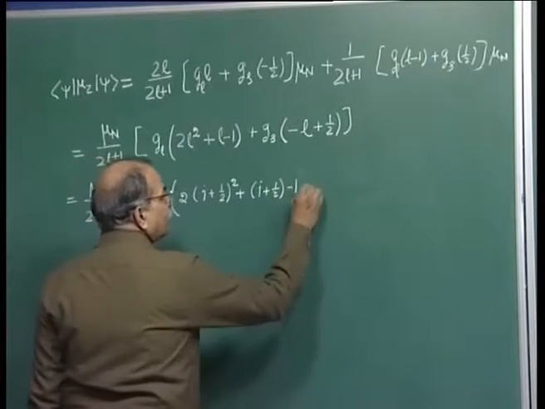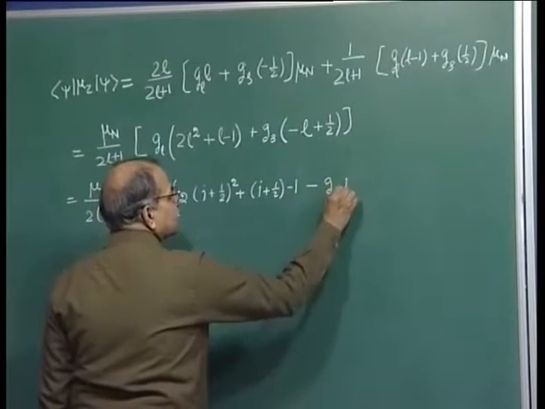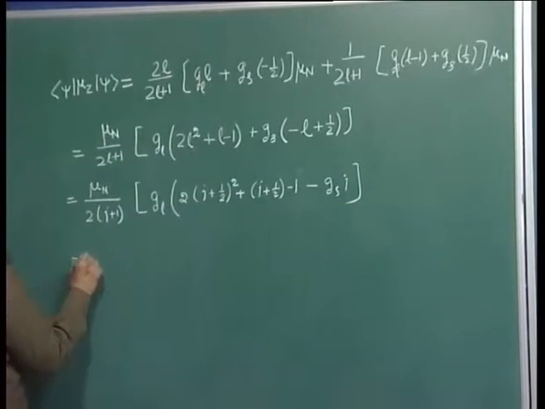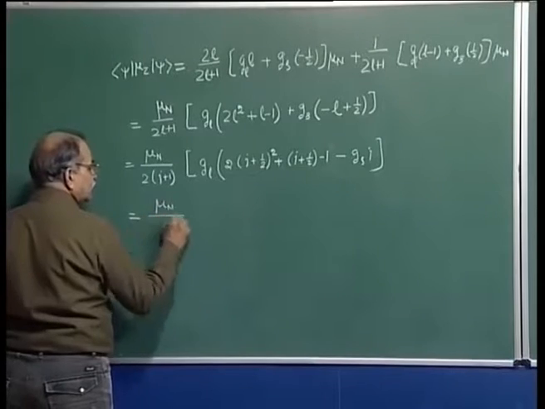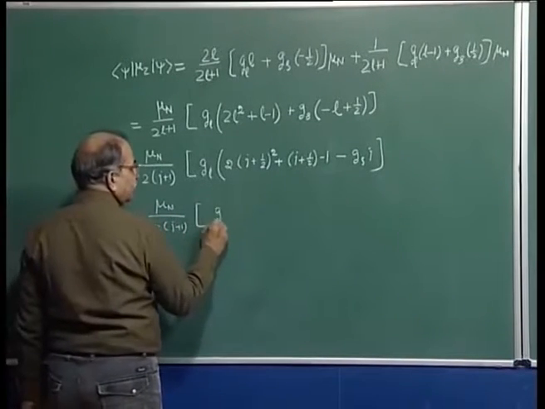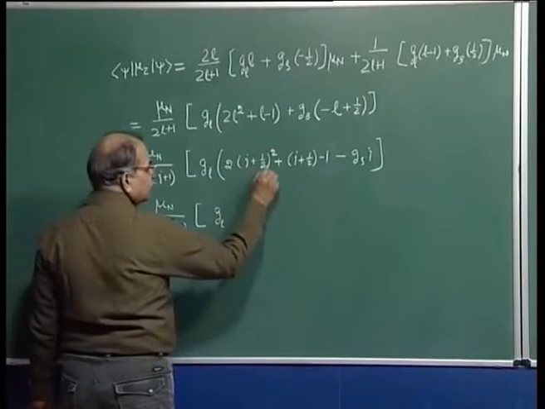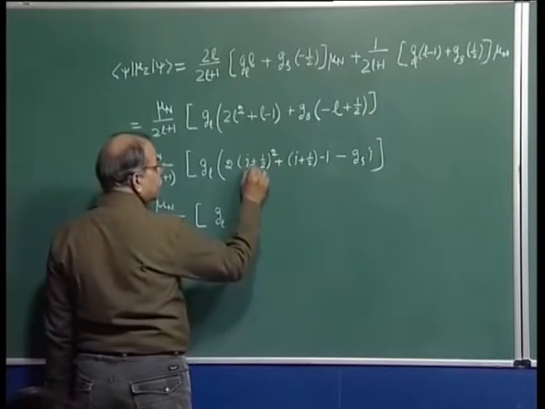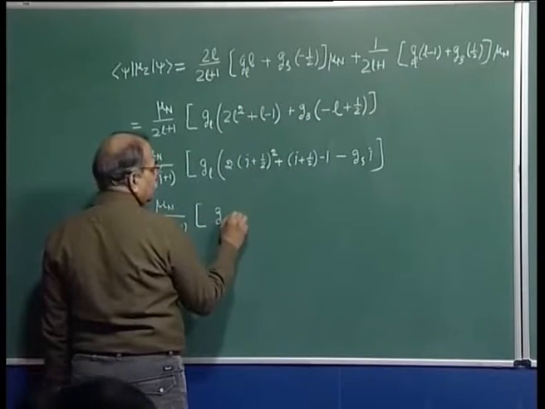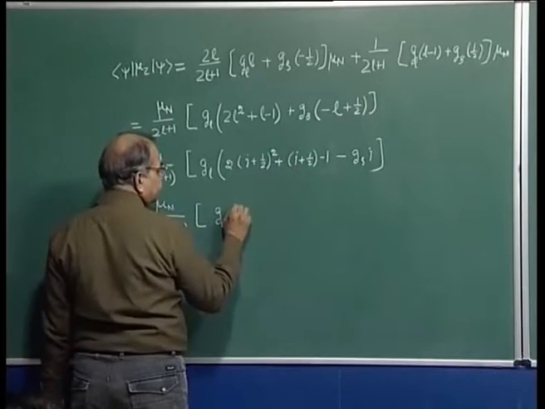This is minus GS times J, okay. mu n 2 j plus 1 GL, j plus half, if you wish you can take common also, right, or from here I could have taken L common. So, or I can just expand it.